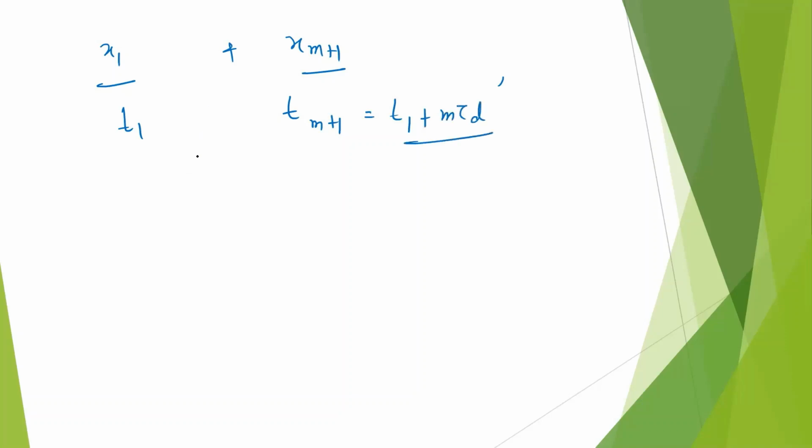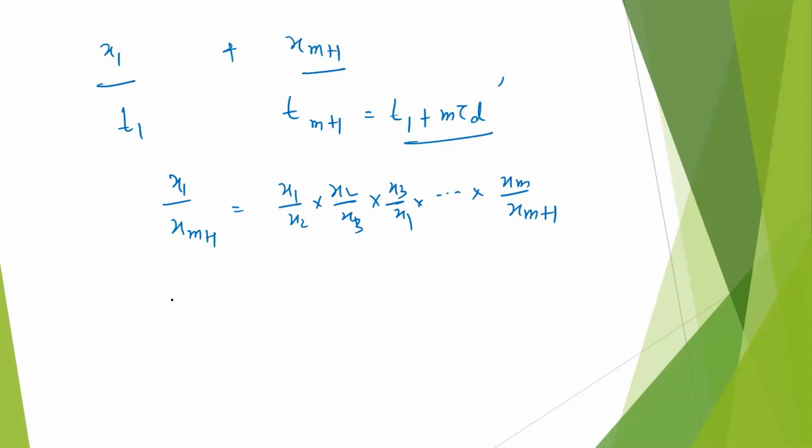So we can write x1 over x(m+1) as x1 over x2, x2 over x3, x3 over x4, and so on, up to xm over x(m+1), right?